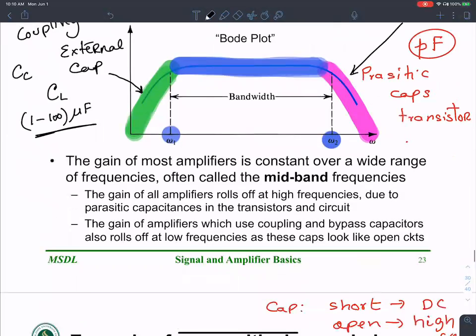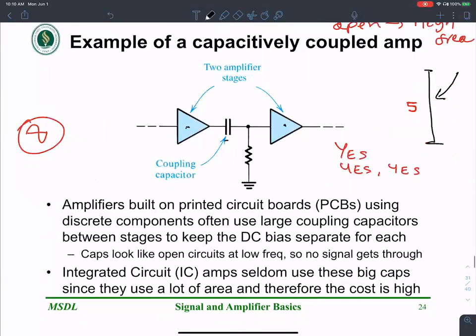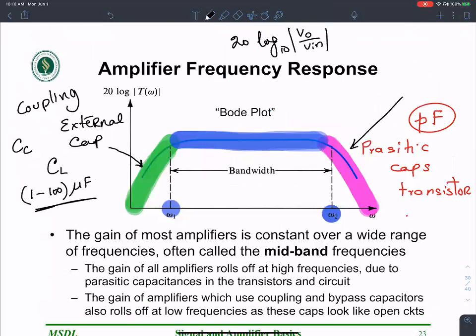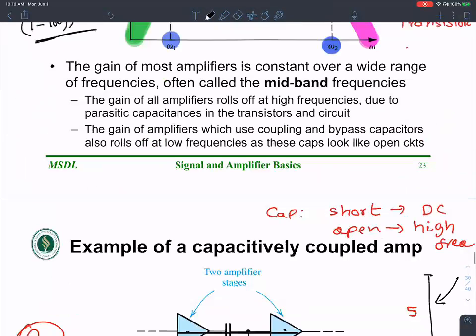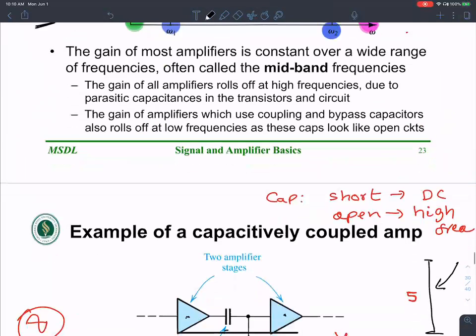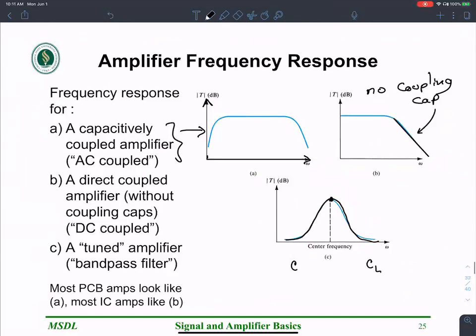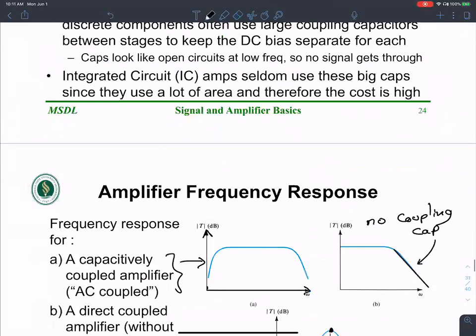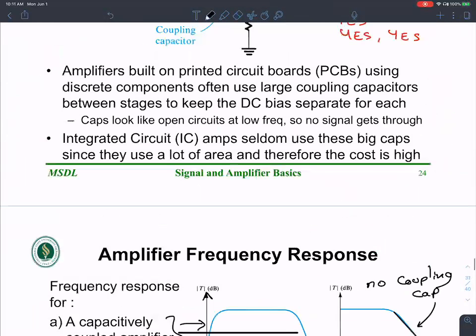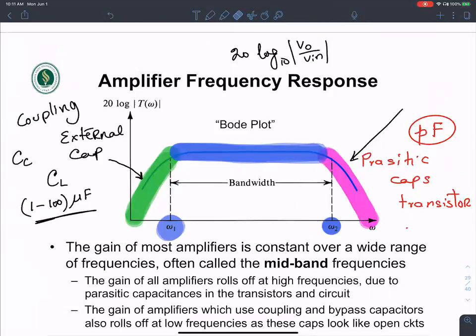Professor, how do we define bandwidth? Usually the bandwidth is defined for low pass and high pass filters. The idea is you have the pole frequencies. Look at this. This one, omega 1, is called the pole frequency. There's one pole over there, and there's another pole over here, omega 2.